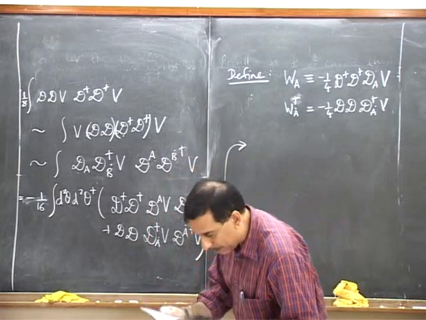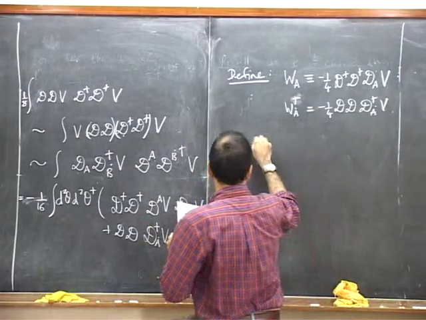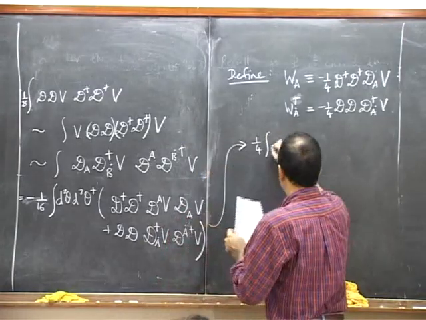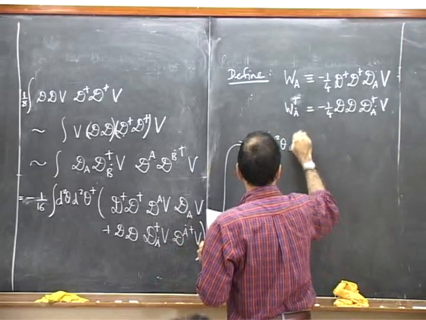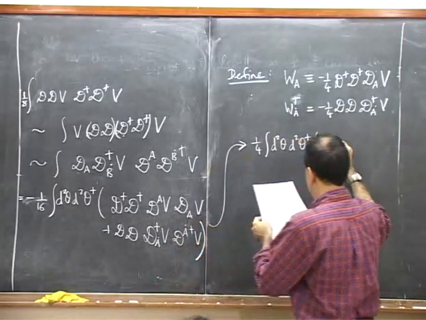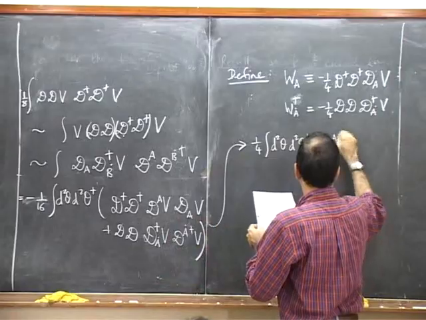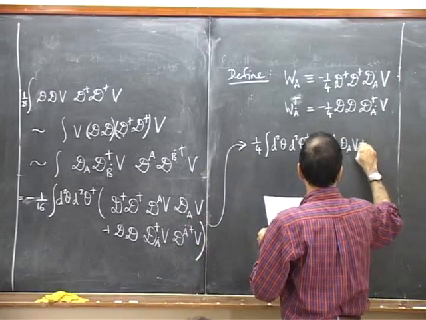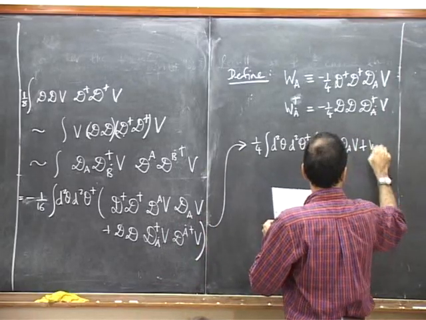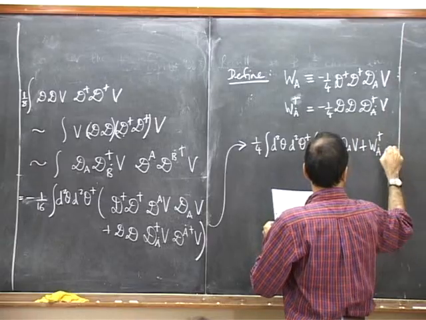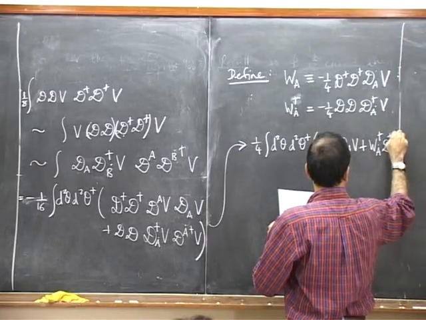You'll see that we'll write this action many times. Now we can write it as a quarter integral d2 theta dagger W A dA b plus W dagger A dot d dagger dot b.